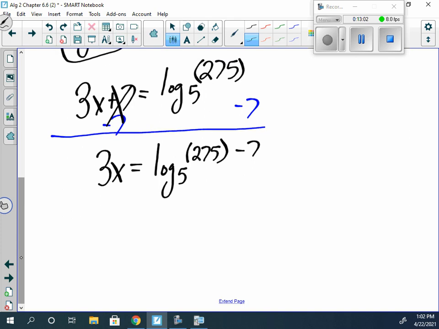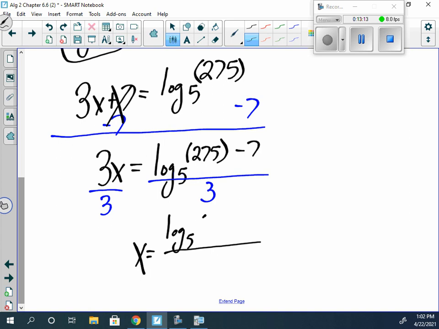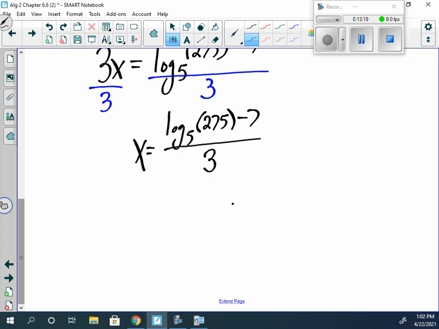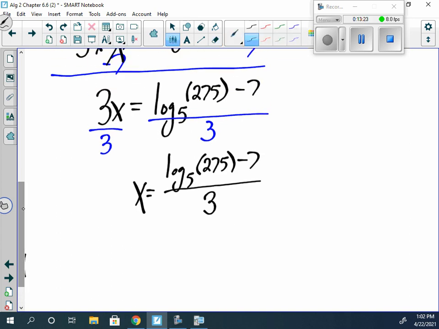But last but not least, we need to do what? Divide both sides by 3. So as we have log base 5 of 275 minus 7 divided by 3. And now it's just typing it all into the calculator.